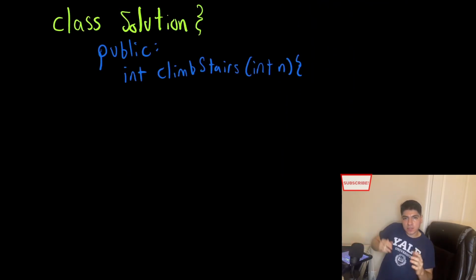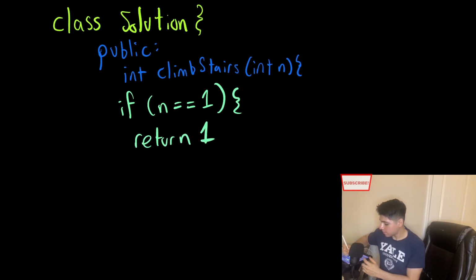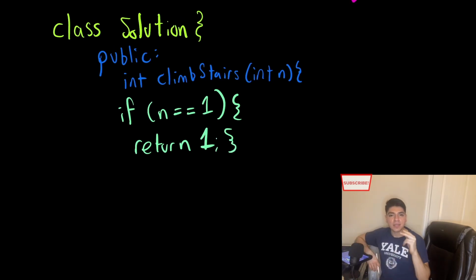So now let's get to the code, which I know is y'all's favorite part. So right off the bat, I want to discard if I get 1 step. I know that it's just going to be 1 solution. So I'm going to make an if statement. If n equals 1, then return 1. Okay, so now I'm going to declare 2 variables.